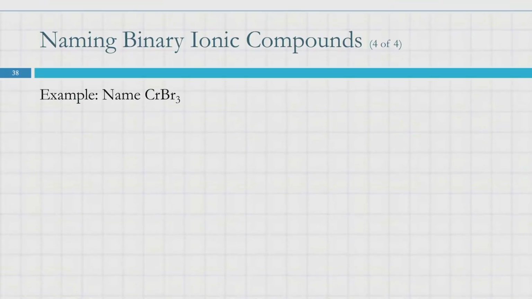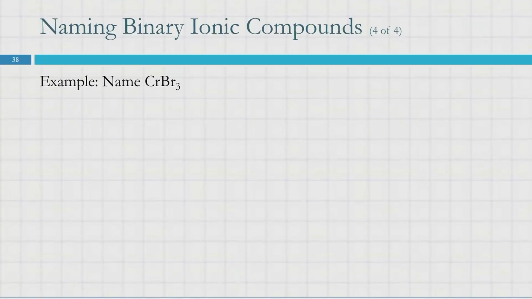So for CrBr3, what is Cr? Chromium. What charge does chromium have on it? Positive, but chromium shows up in our transition metals. It's not scandium, zinc, or silver.